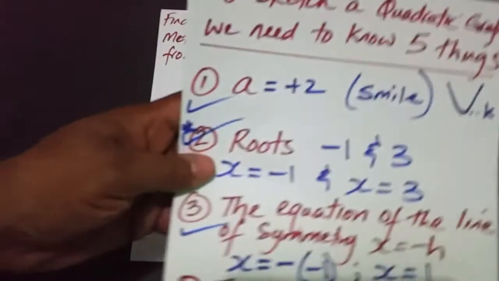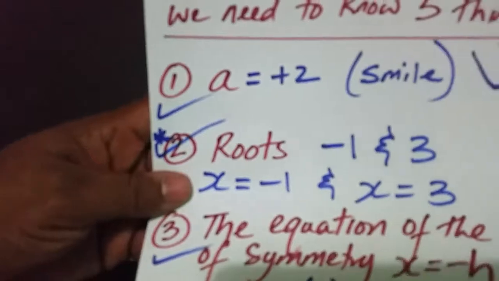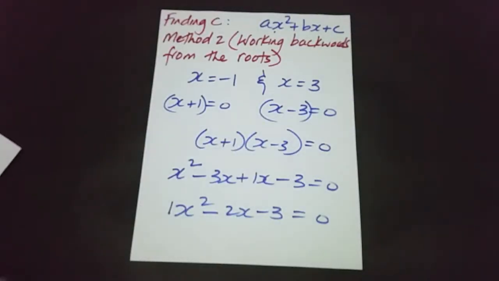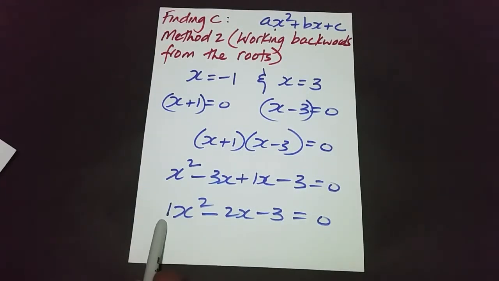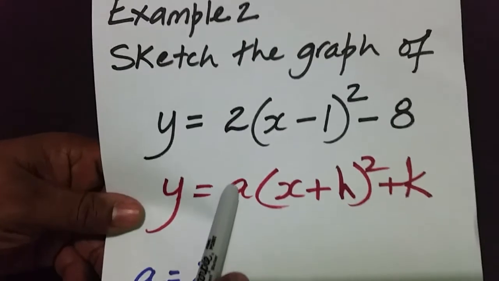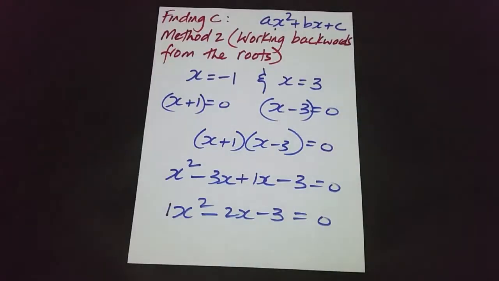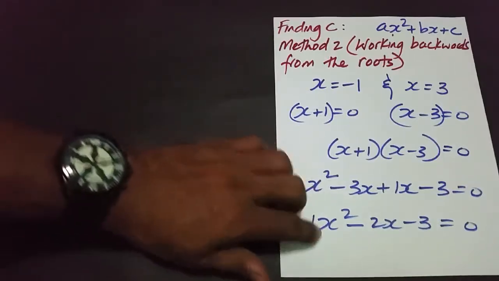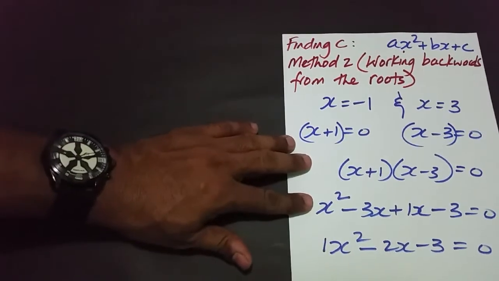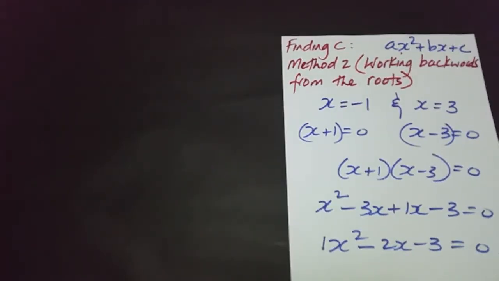So we have pointed out that the value of a is 2 based on the completed square form. Right now, we're looking at the value of a being 1, so clearly this is not finished because we know that the value of a is 2. And what that would mean is that we would have to multiply this quadratic equation here by 2 to ensure that we get a to be 2.